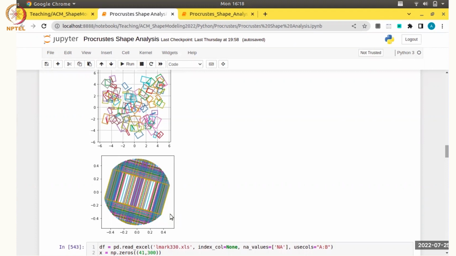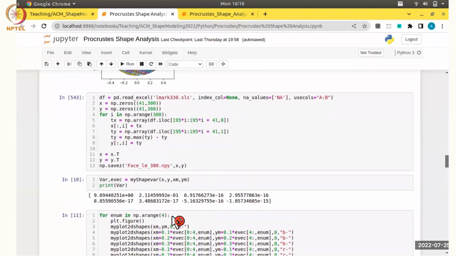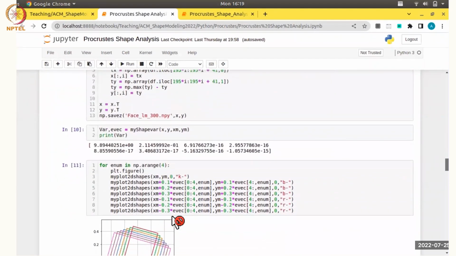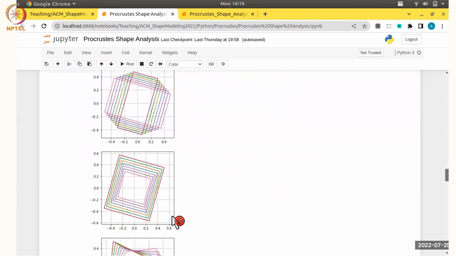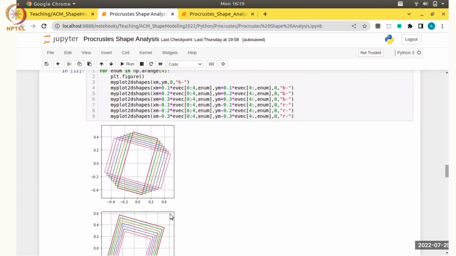Okay, so the next important thing is the principal shape variations. First principal shape variation, can you explain that to me? How would you interpret this?